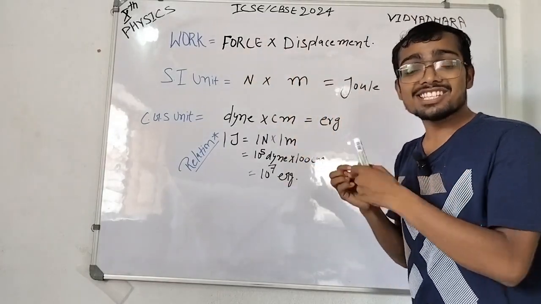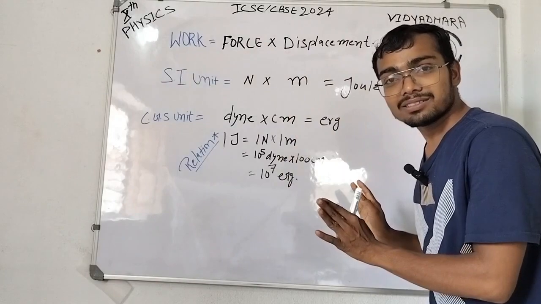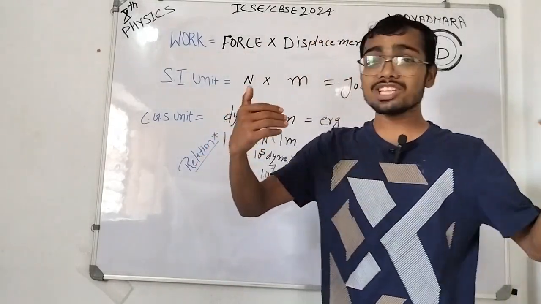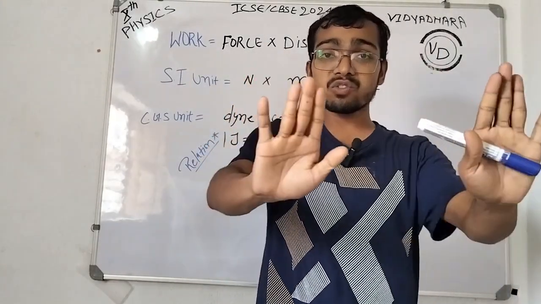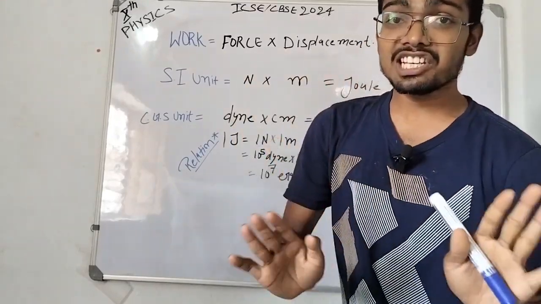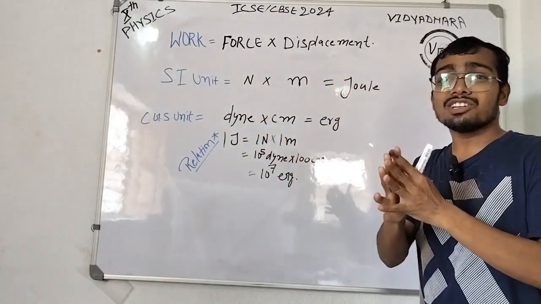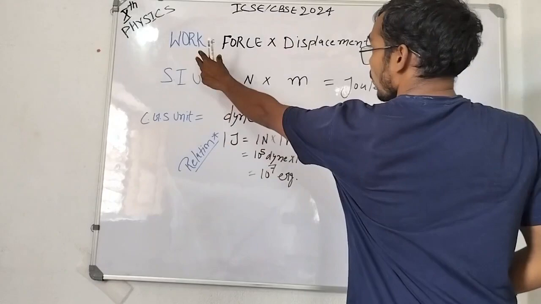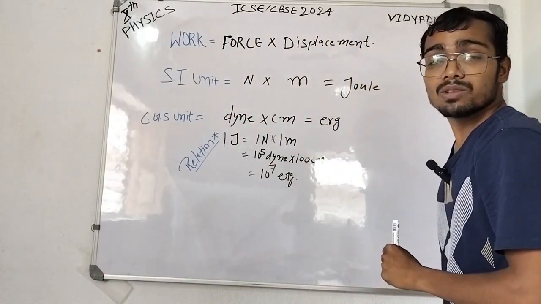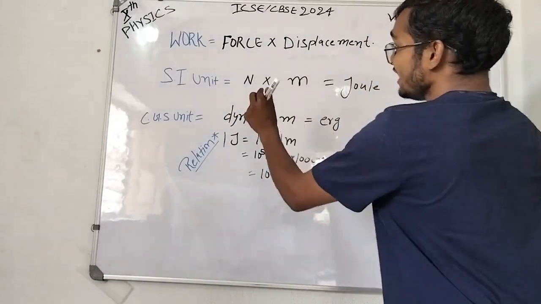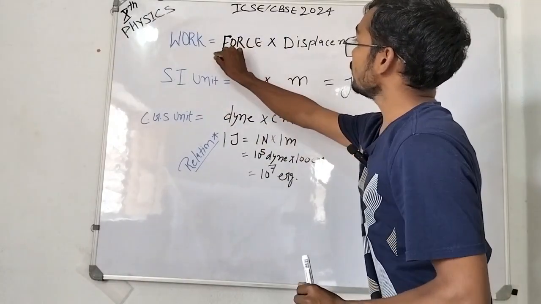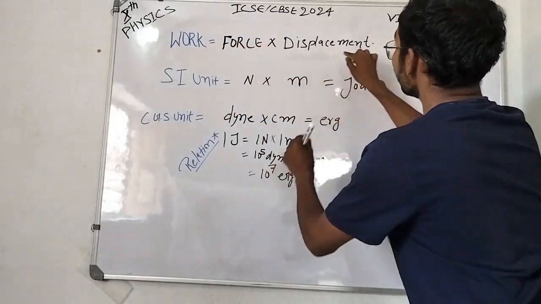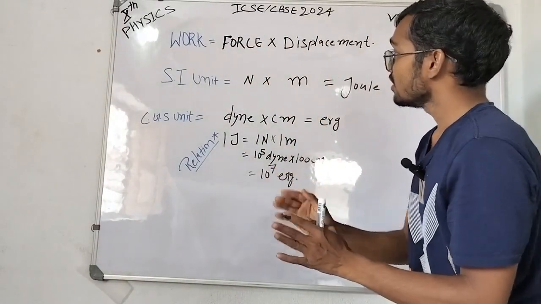According to physics, it is not work. Similarly, if we push the wall very powerfully and continuously, until we get exhausted, but there is no displacement, work is zero. Work is said to be done only when force and displacement are both there.